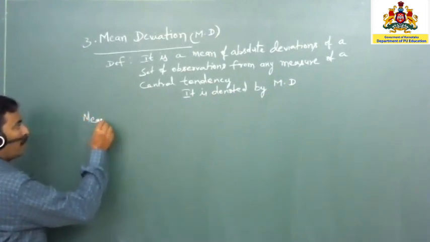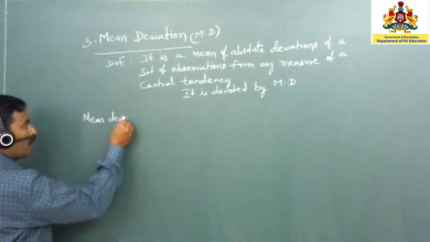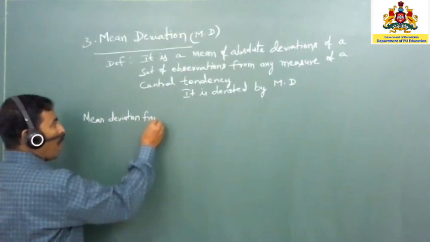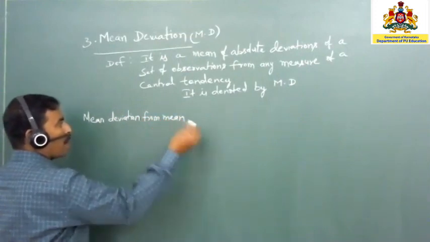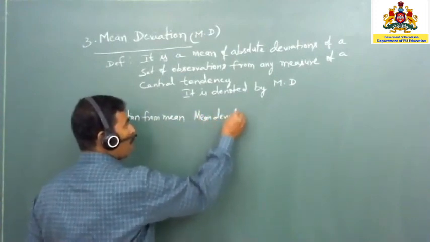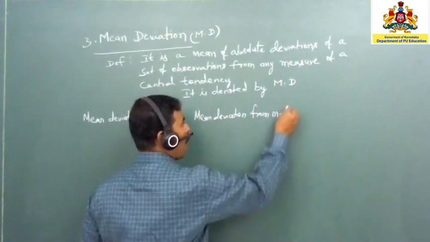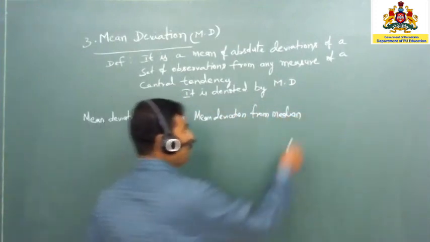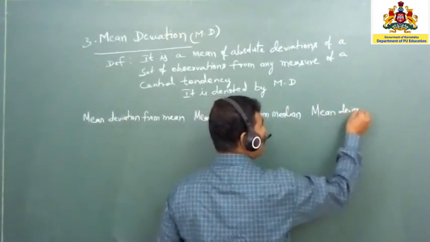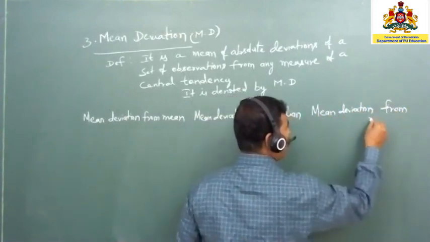I'll write all the formulas in the table. Mean deviation from mean, mean deviation from median, mean deviation from mode.